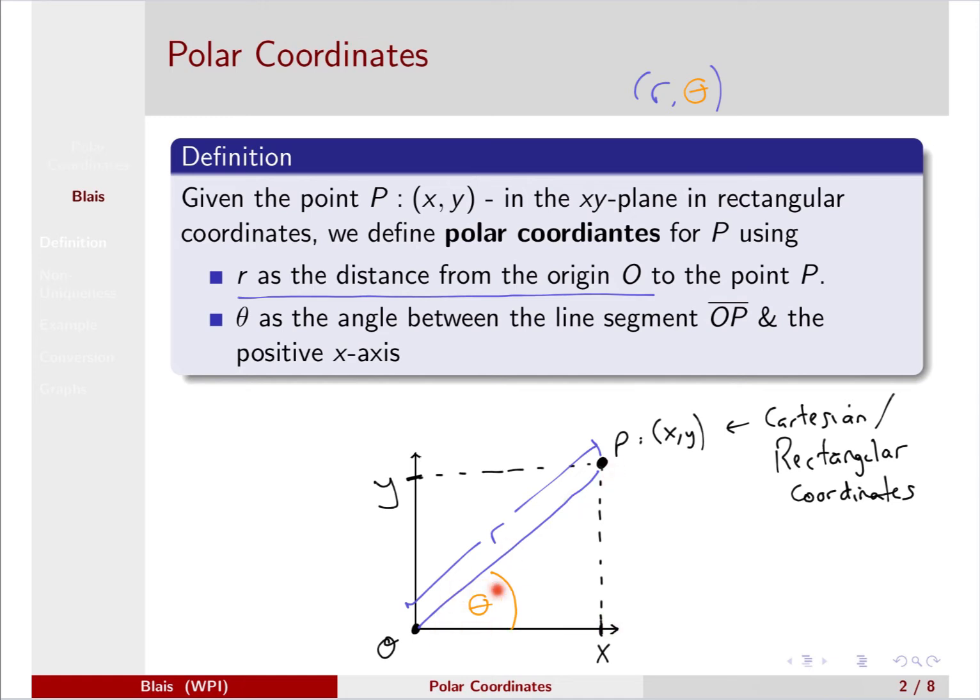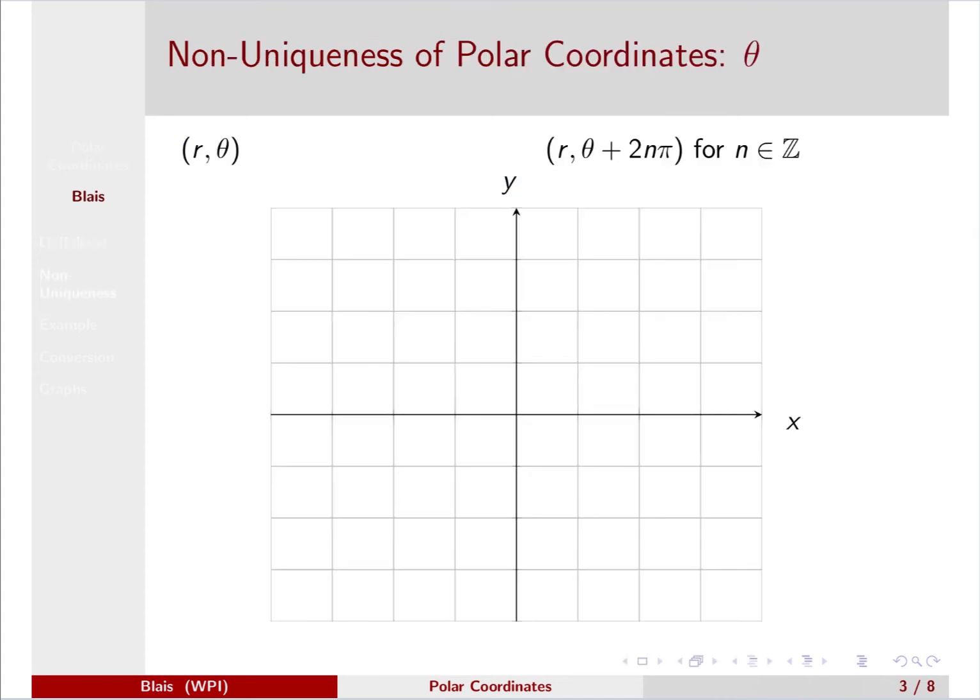And this is an alternative way to represent the location of this point P in the xy plane. Now, this is a little bit complicated by the fact that a polar coordinate representation of a point is not unique.